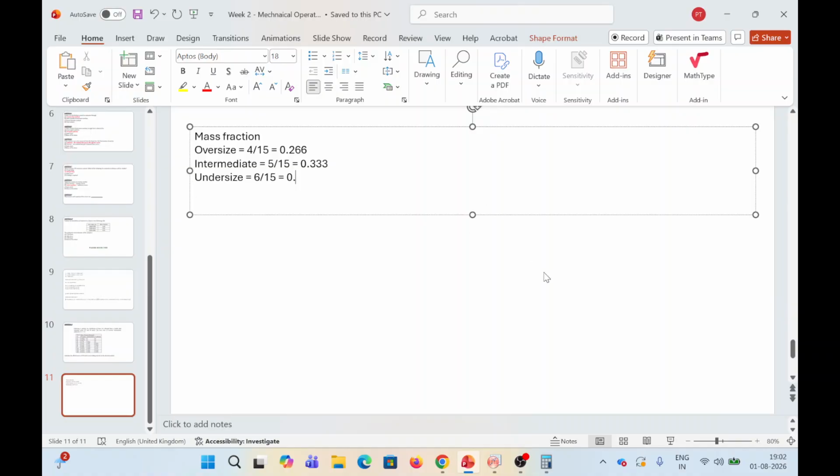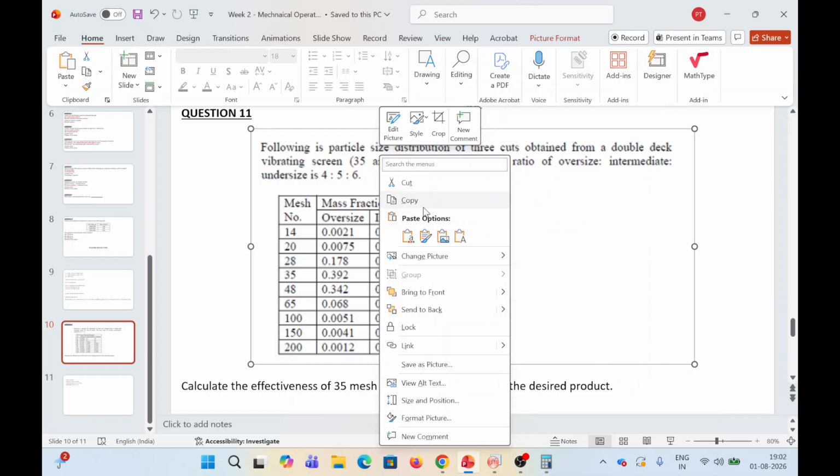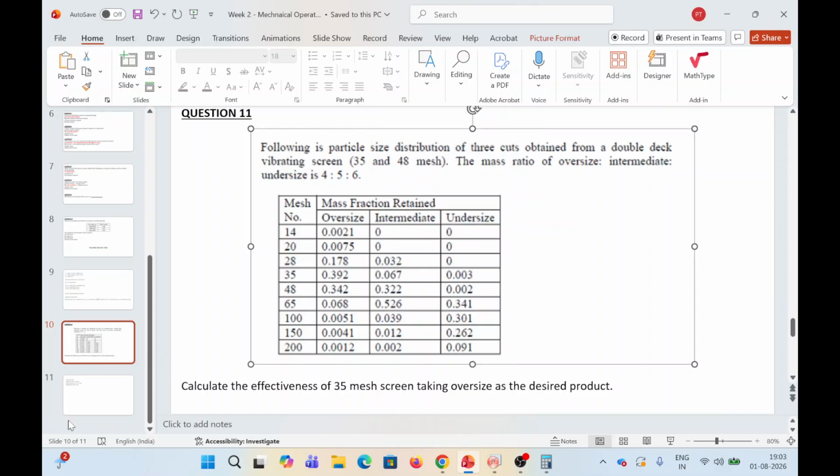Now you know this. Our focus is taking oversize as the desired product, so we need to calculate the effectiveness at the 35 mesh screen. Let me just copy paste the table.